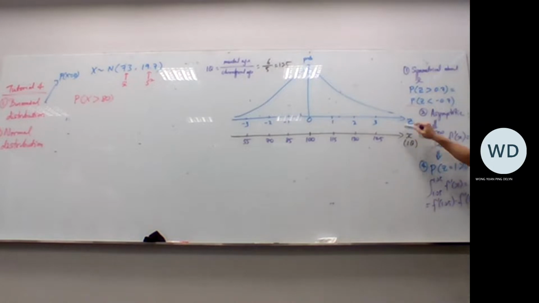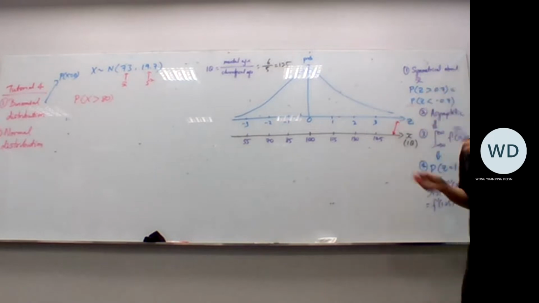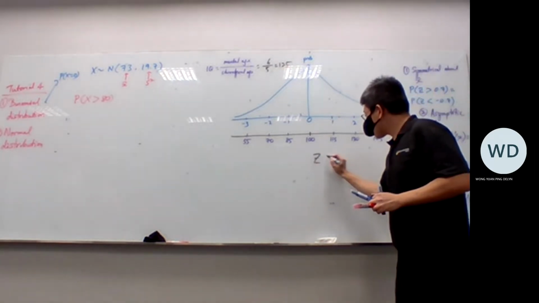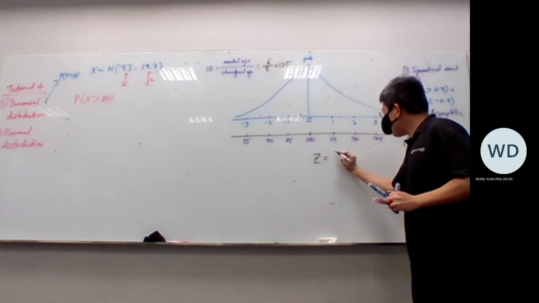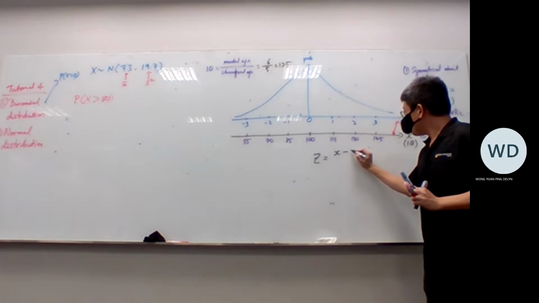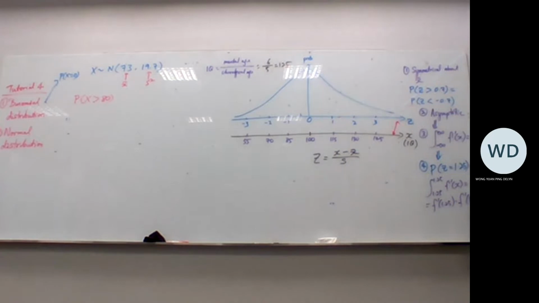So how do we convert between these two axes, between the z score and the x axis? What's the formula for it? The z score is essentially any value you want on the x axis minus the average, divided by the standard deviation.